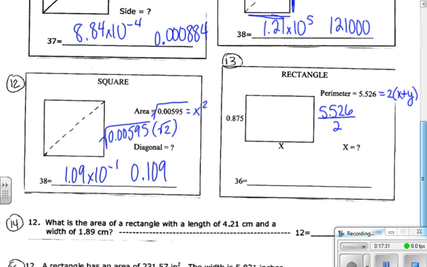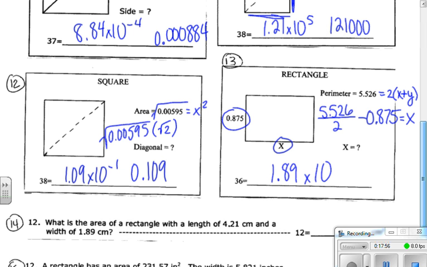And that will give us the sum of our two lengths. So if we subtract the length that we do know, that's going to leave us with the length that we don't. So 5.526 enter, 2 divide, 0.875 minus, and that leaves us with a side length of 1.89.